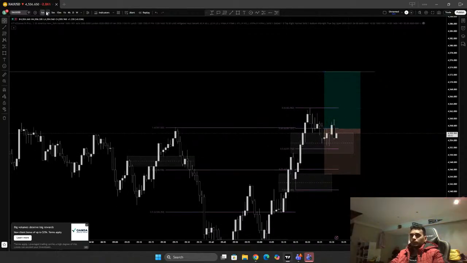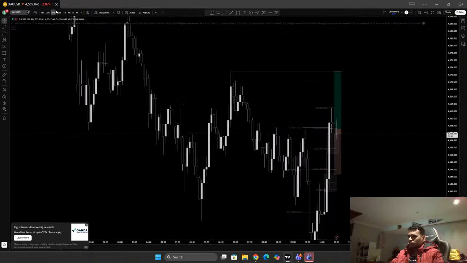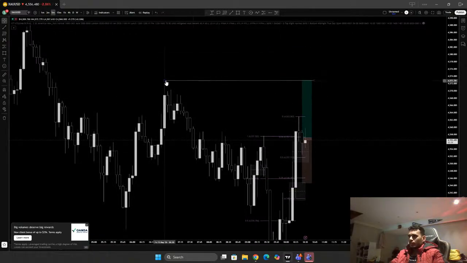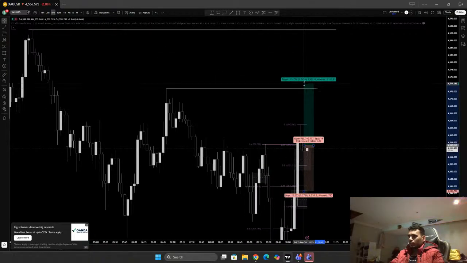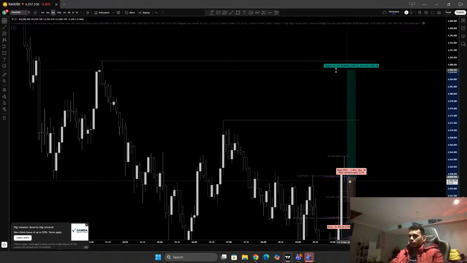Let me see. Very nice break, really nice gap. We're expecting this gap to hold and take the resistance target price. Next idea will be another idea.